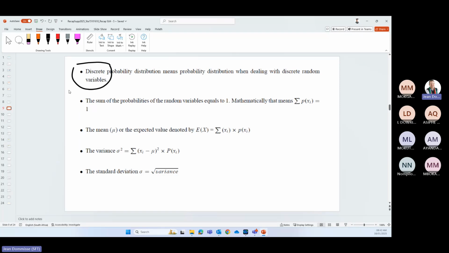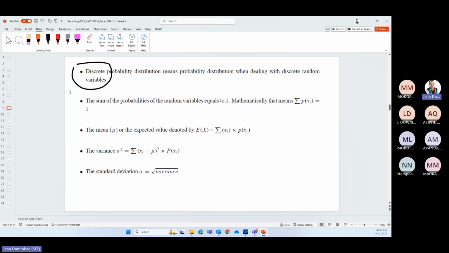There's nothing in between. So basically what will happen with discrete is you will be told in a diagram or a table, the probability of 0 is 0,1, probability of 1 is this, and you will get a discrete table that you need to work with.